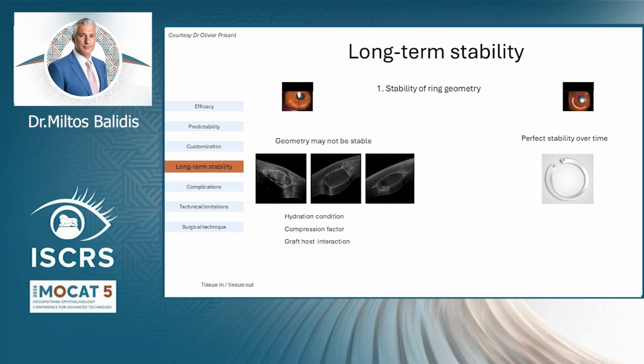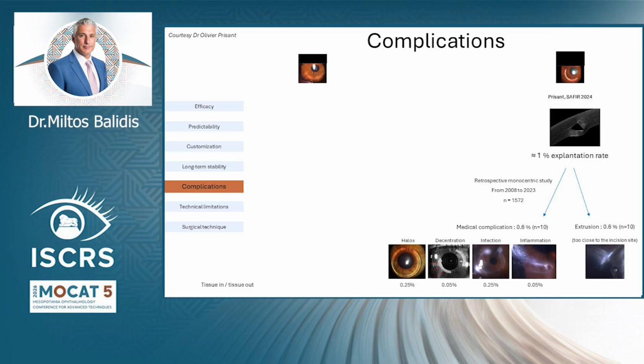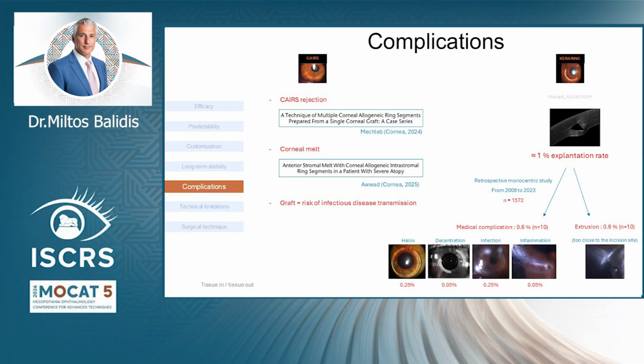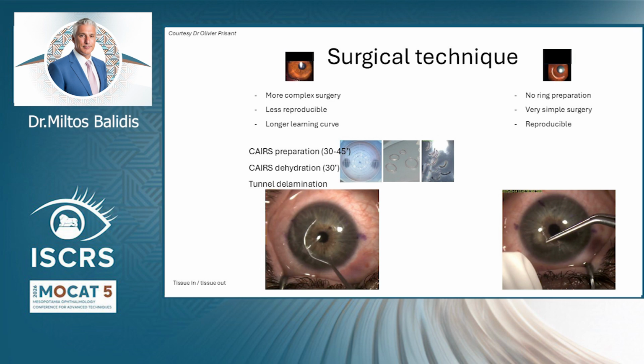Long-term stability, we know the stability of the rings. There is still an element of question mark with the CAIRS. And the stability of the host tissue is also an important issue on the CAIRS that we have to take care of. So I'm just trying to summarize that and go into the next, technical limitations. I think there are more on the CAIRS, and you can see on a video here in the CAIRS, the preparation takes a little bit longer.